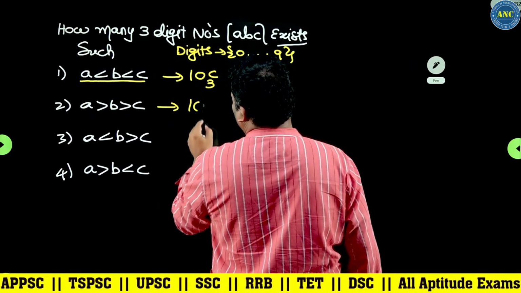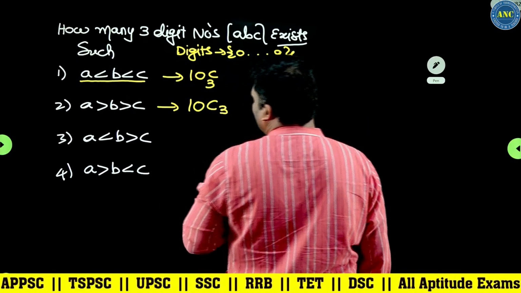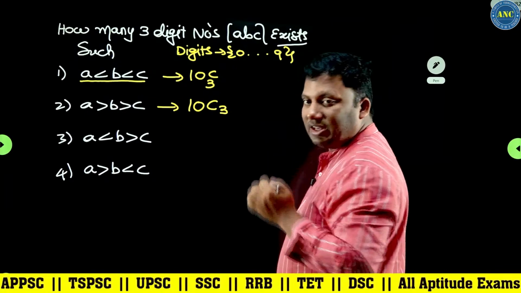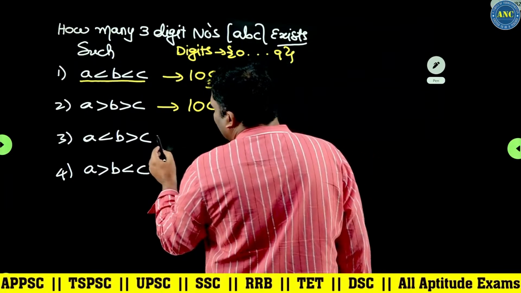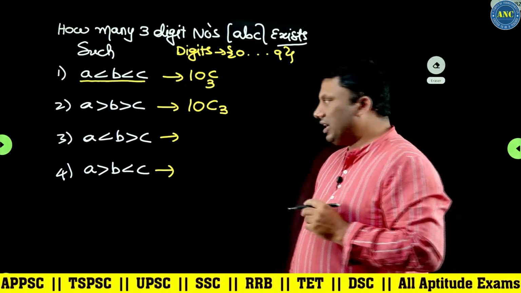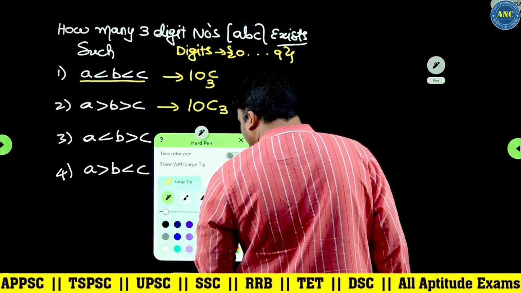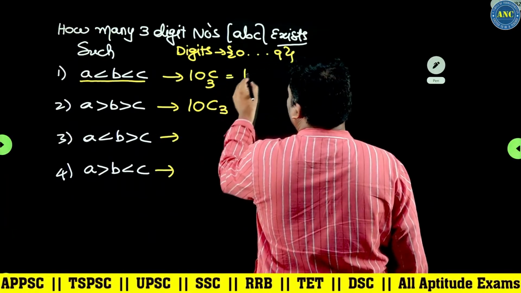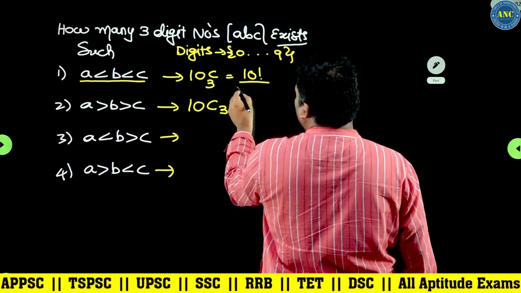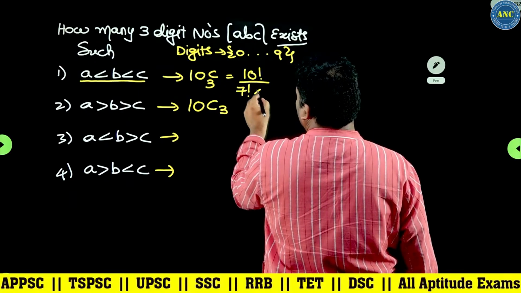So if I want the numbers in decreasing order, it is also 10C3. What is 10C3?